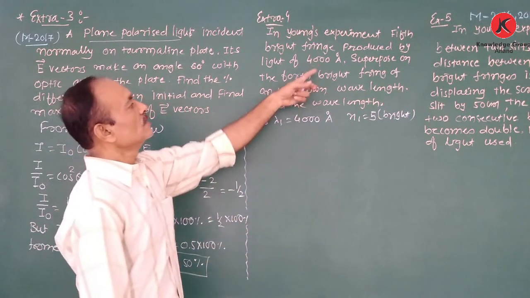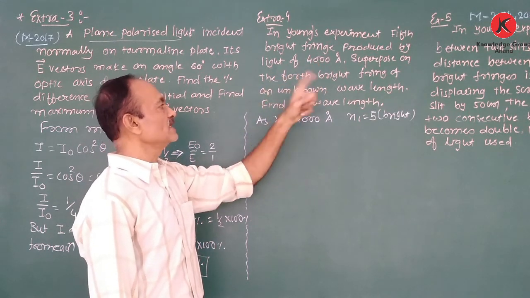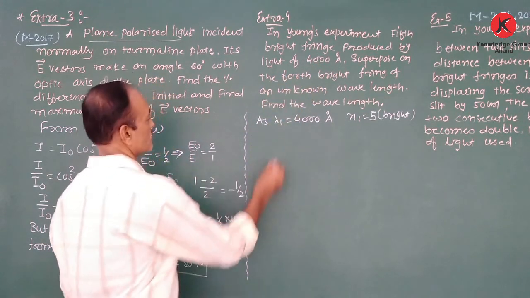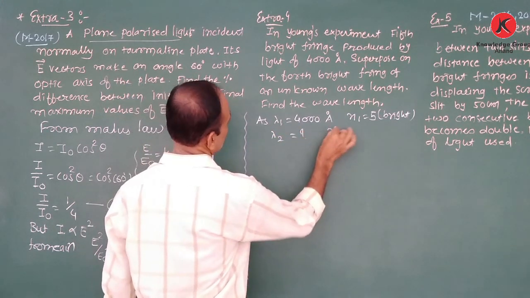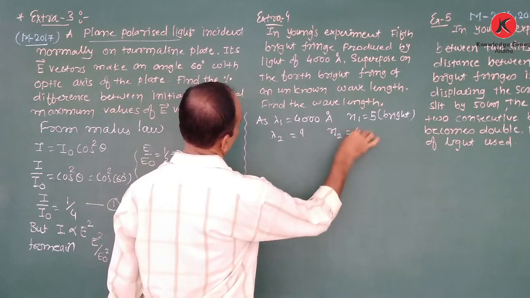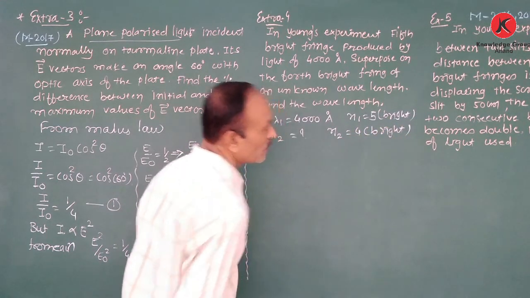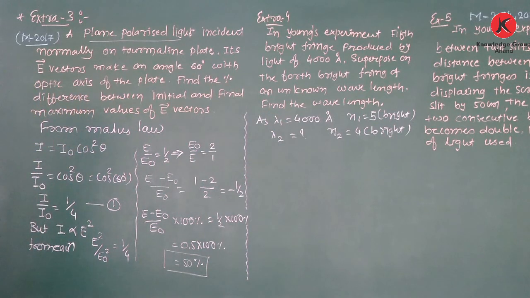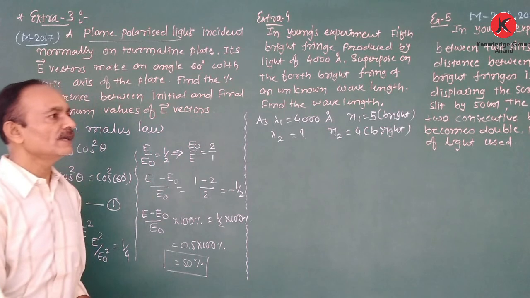Now, on this point, the fourth bright fringe of an unknown wavelength is superposed. Lambda 2 is unknown. For this unknown wavelength, n2 is equal to 4. We have to find out the unknown wavelength.